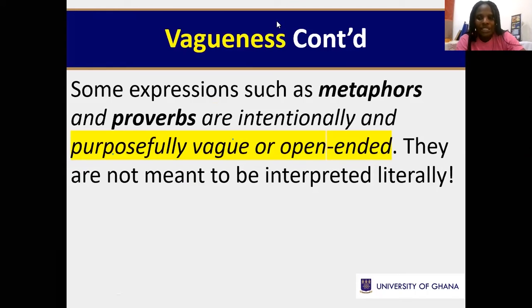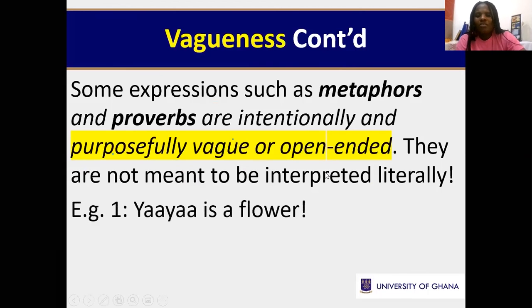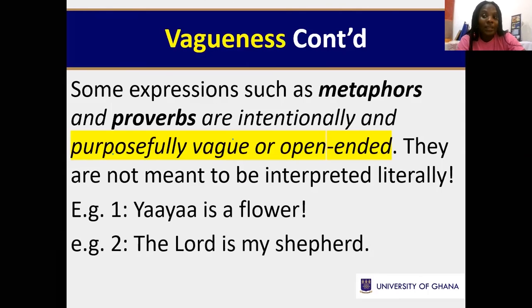They are not meant to be interpreted literally. She's an angel. My class rep is a flower. It doesn't mean she's something hanging on a tree they go and pluck. No. Maybe she's delicate. Maybe she can easily break down, what have you. So you need to open it out.